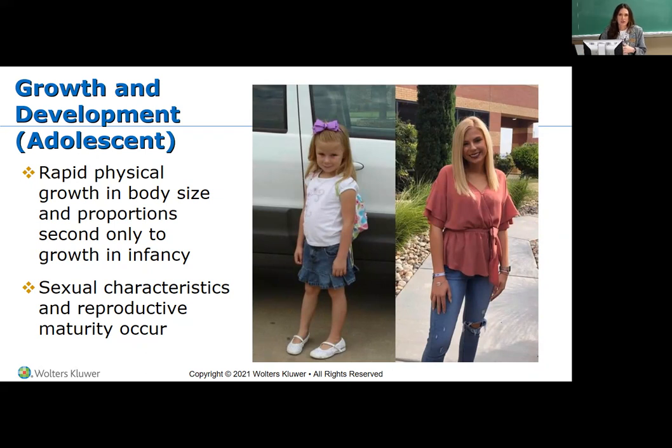Remember that menarche is just a fancy word for the start of their period. And then boys will stop growing probably about 18 to 20 years of age, so they grow a lot longer. They take a little more time to get fully developed. But we can start seeing those sexual characteristics, and we know that they're starting to mature in their reproductive organs.